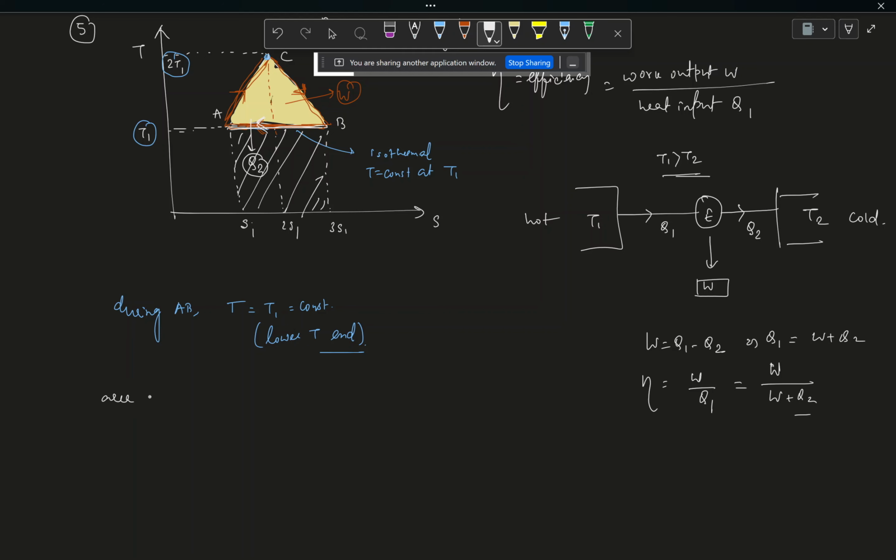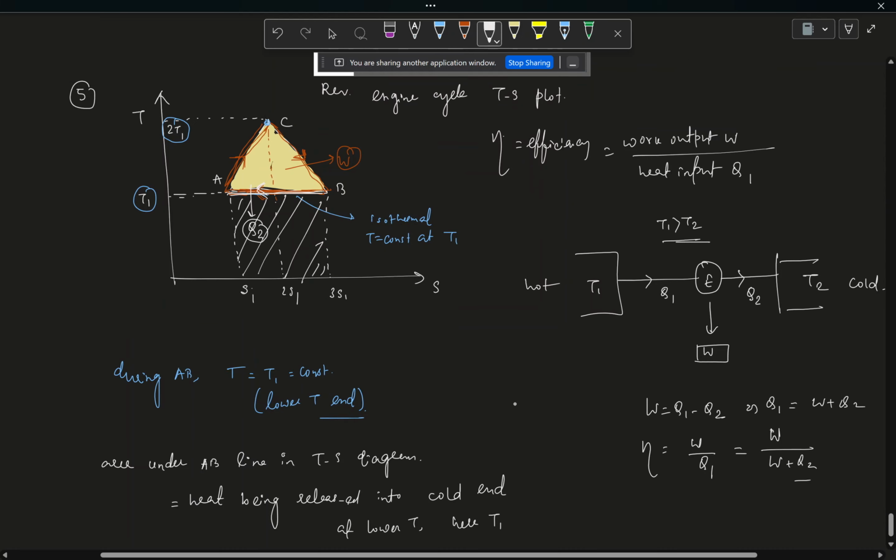So the area under the AB line in the TS diagram is equal to the heat being released into the cold end at lower temperature.